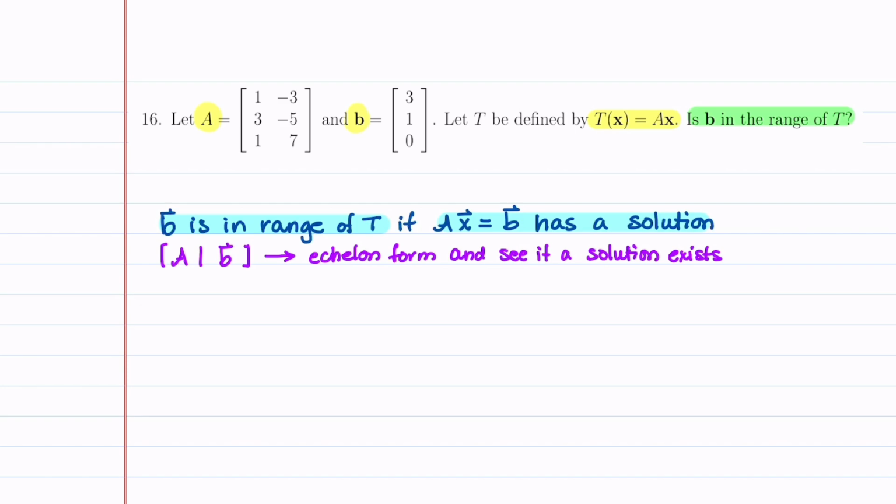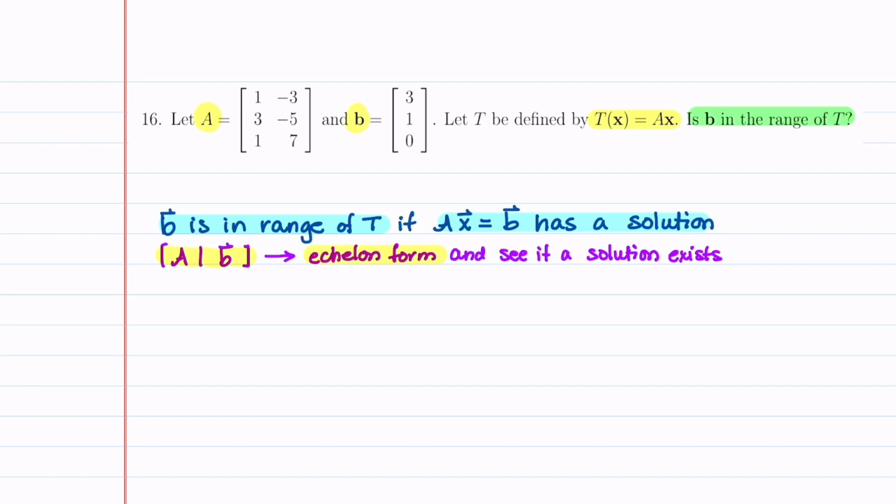To do that, we're going to take matrix A, augment it with B, and put it in echelon form. The reason for that is when we want to determine what type of solution we have, we have to put our augmented matrix in echelon form. We don't have to put it in reduced echelon form.